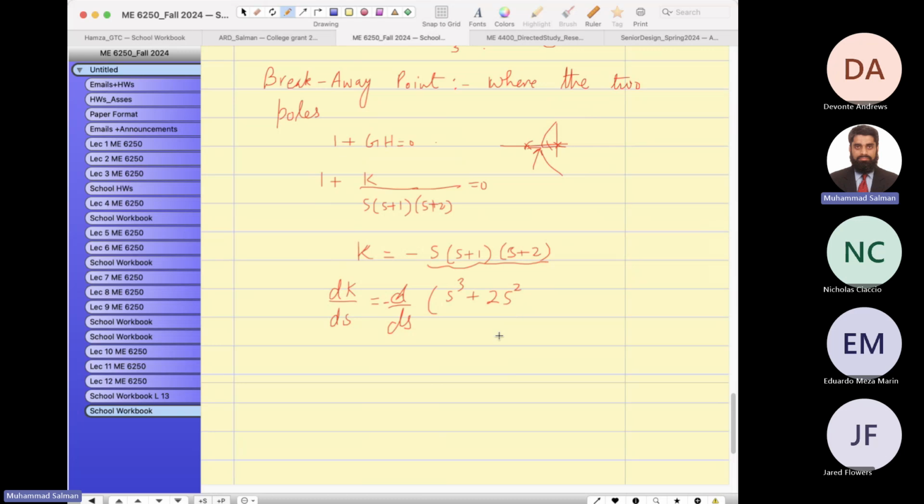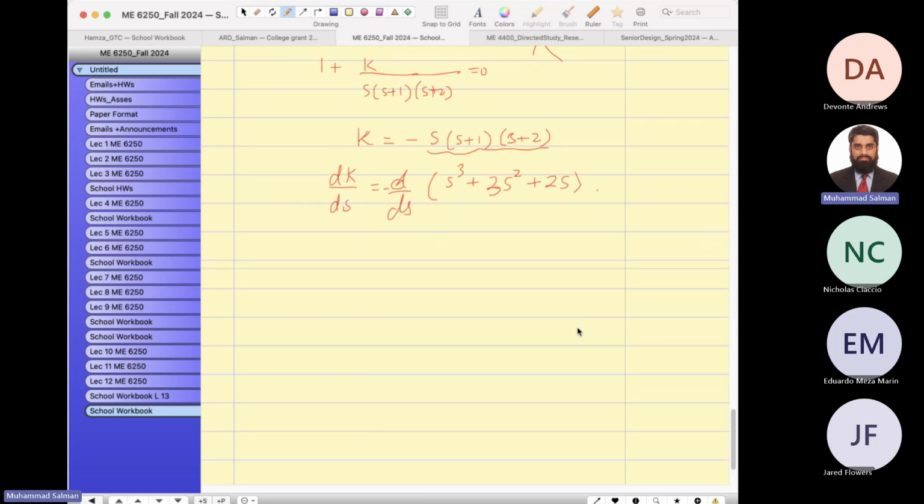The differential is 3s squared plus 2s. So you can verify whether, when you multiply, you get this answer. What is the differential of this? It is 3s squared. The negative is outside.